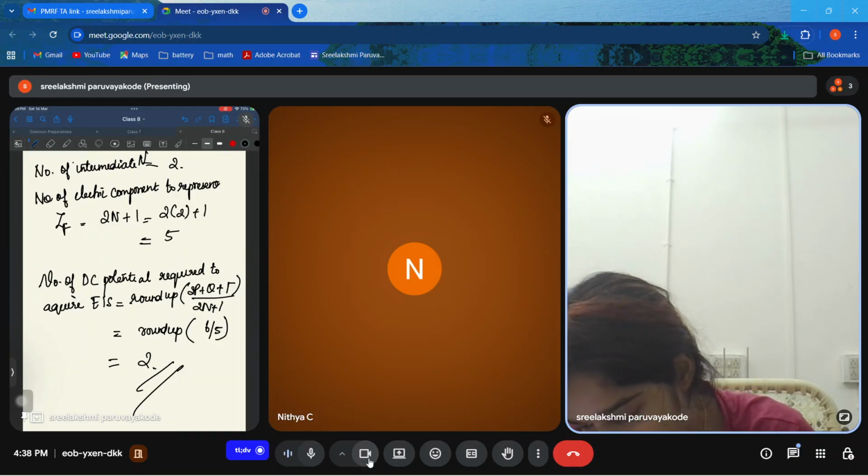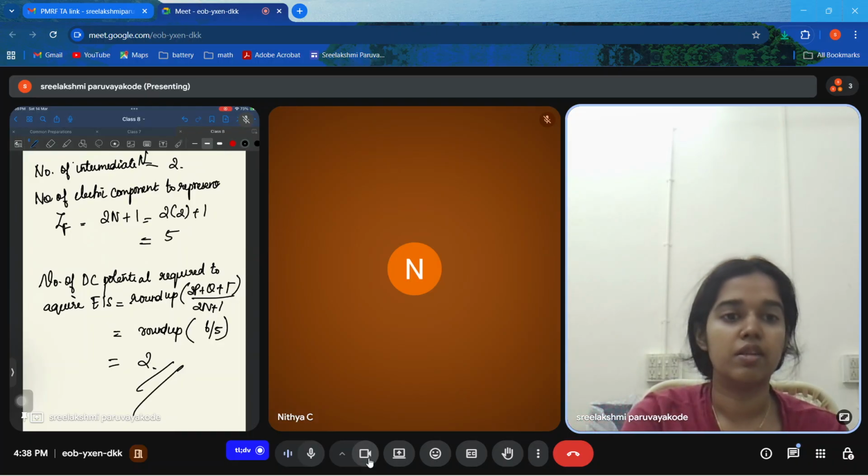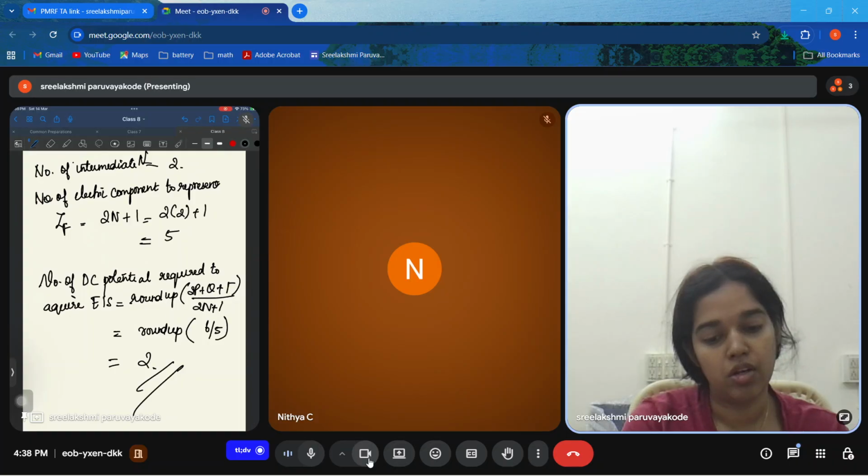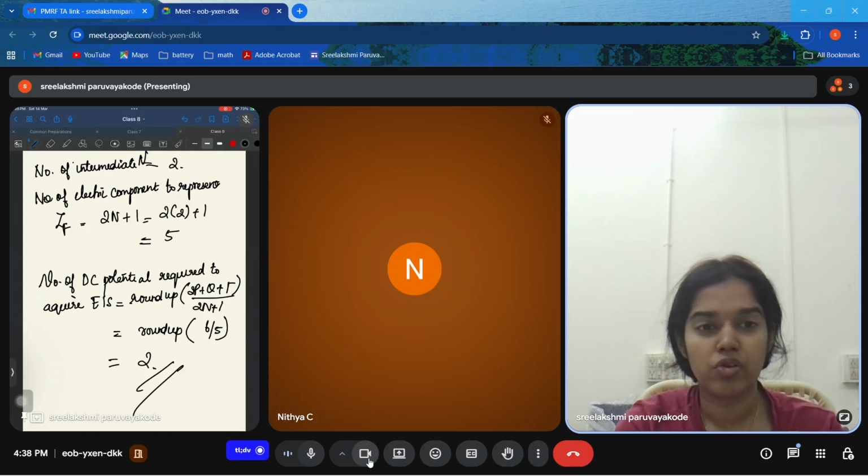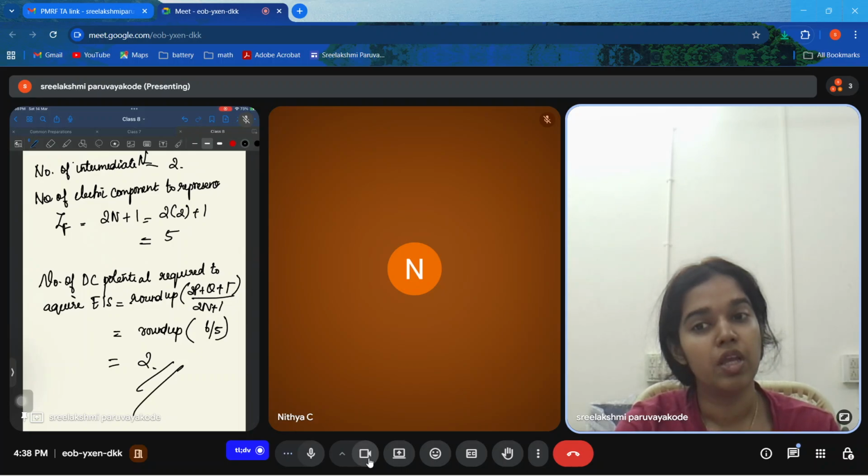So in this class, we actually looked into assignment 6, where we again looked into the EEAR mechanism. We also saw the three-step mechanism where you have two adsorbed intermediates involved. Then we saw the confidence in DC potentials.